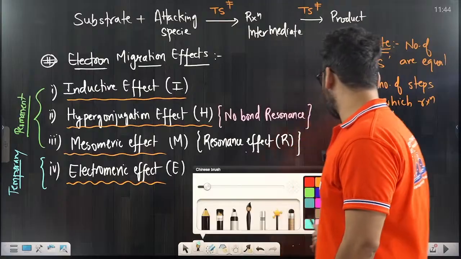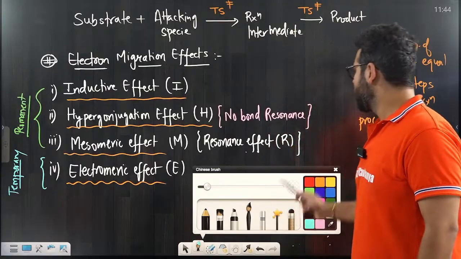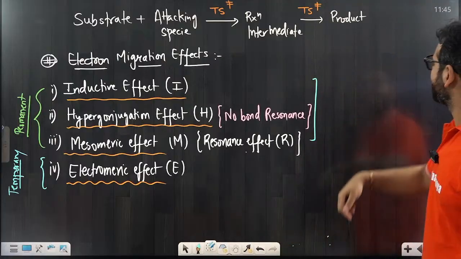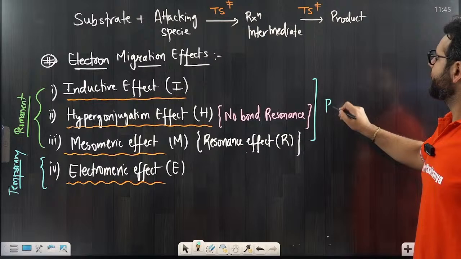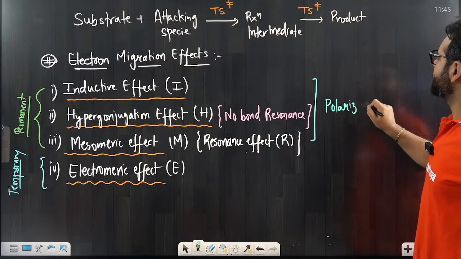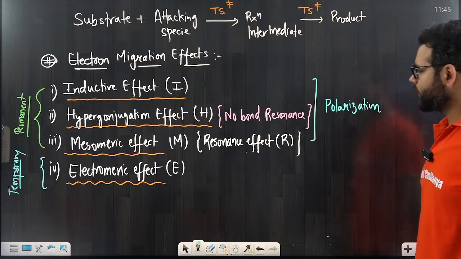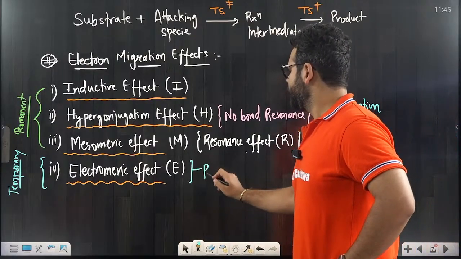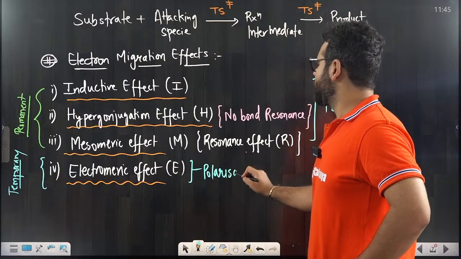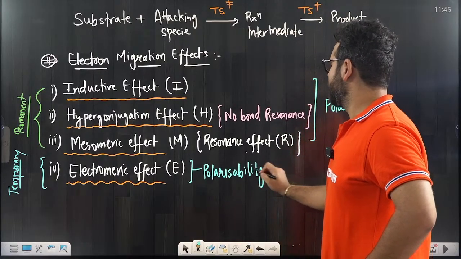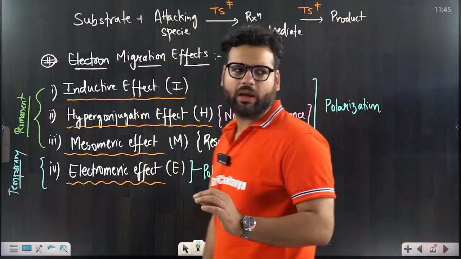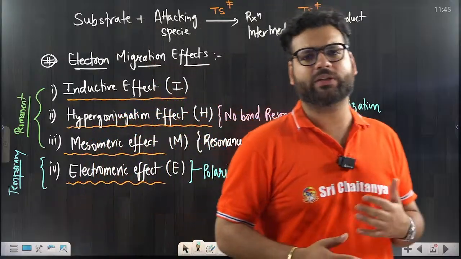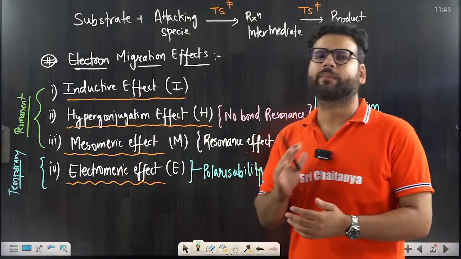So the first three are known as the polarization effect. The last one is the polarizability effect. Okay, so these are a few of the things that can be asked directly to you: which of the following is permanent, which is the polarization effect, which is the polarizability effect.